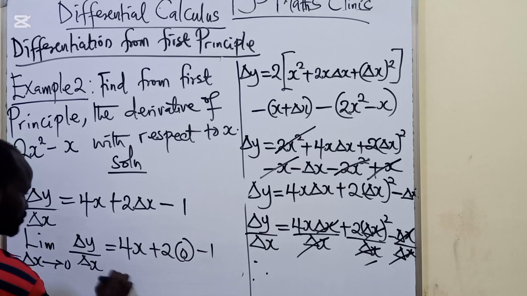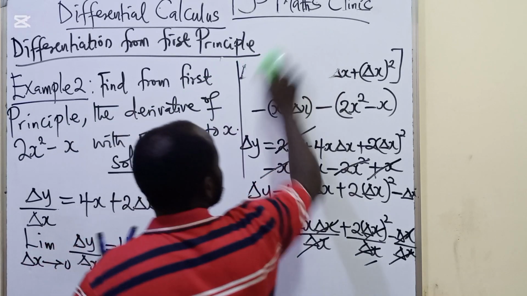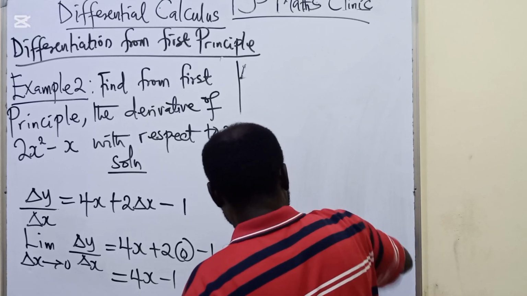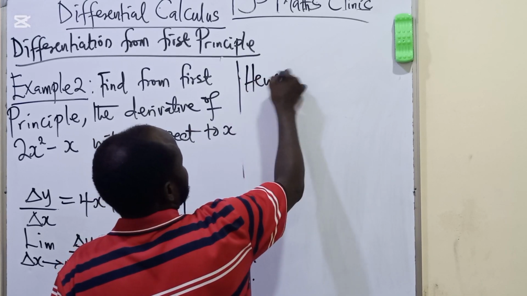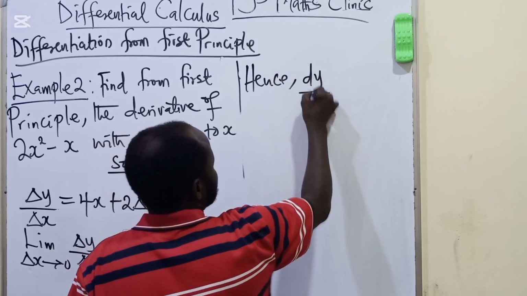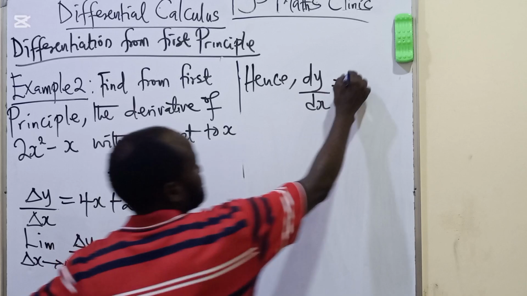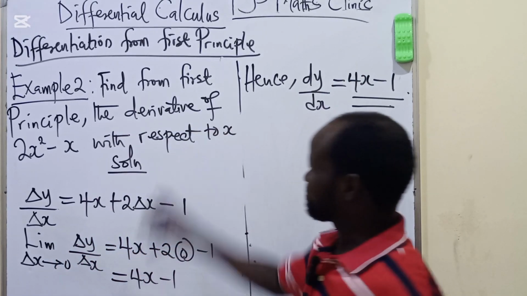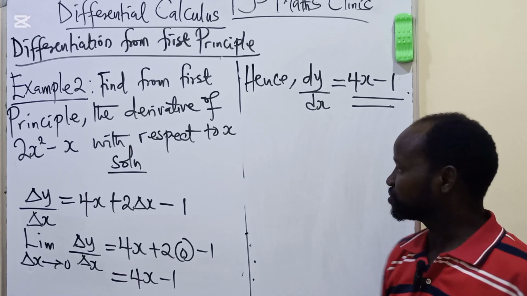What are we going to have? This will be 4x minus 1. Hence dy by dx will be equal to 4x minus 1. So this is said to be the derivative of this function using the first principle method.